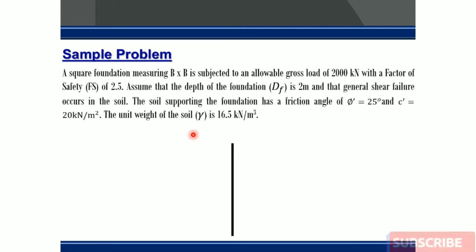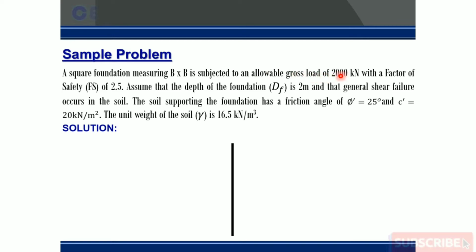Okay, so as our solution, based on this problem, the dimension of the foundation is B by B, meaning it is a square foundation, and given is the allowable gross load of 2000 kilonewton.